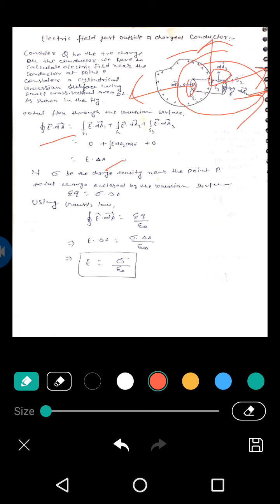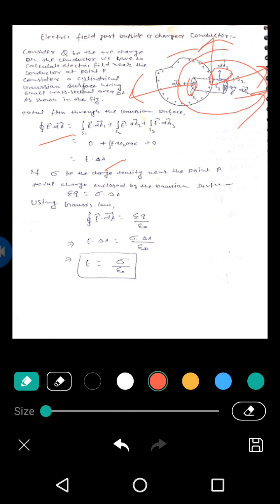Now if sigma is the local surface charge density, because in case of a conductor, sigma depends upon the radius of curvature, and it is inversely proportional to the radius of curvature. That's why sigma is the local surface charge density. Charge is not uniformly distributed here.